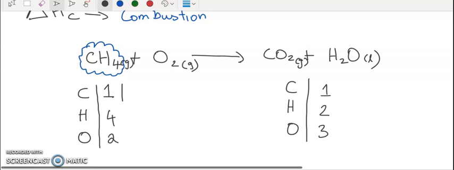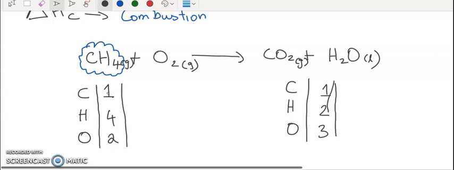So I'm going to draw another line because now I want to make these equal. Once I add a number, these values are going to change. Therefore, I need a new space to write so it's much clearer. Since carbon is balanced, we're going to look at hydrogen. It's usually in this order.